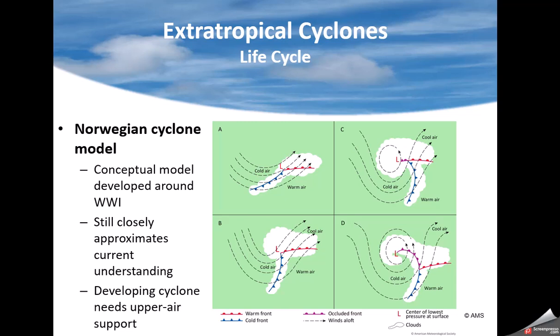The Norwegian cyclone model says, okay, this is how an extratropical low pressure develops. First, you wind up with a temperature contrast to start. There is some kind of front there. You wind up with a trough aloft, or upper air low pressure, which has a jet streak with it. Now you've got divergence.